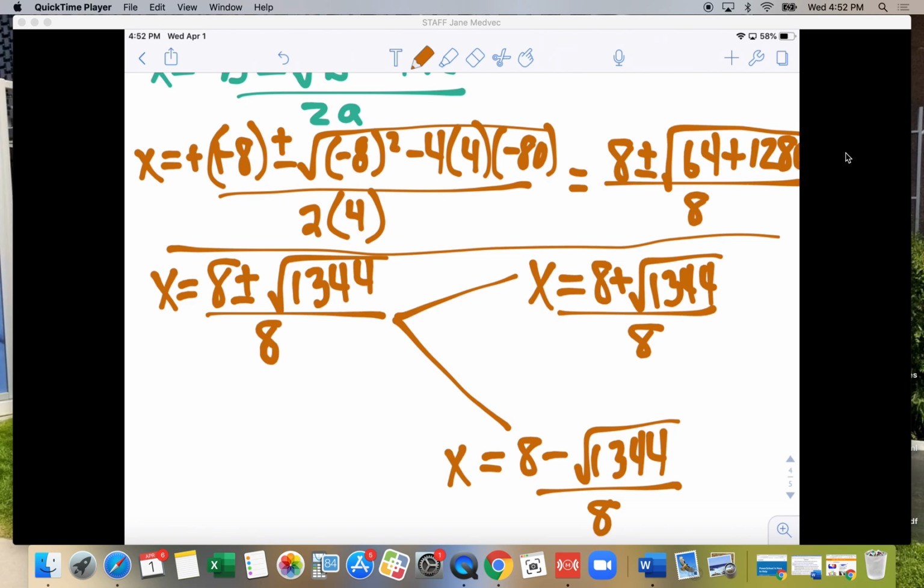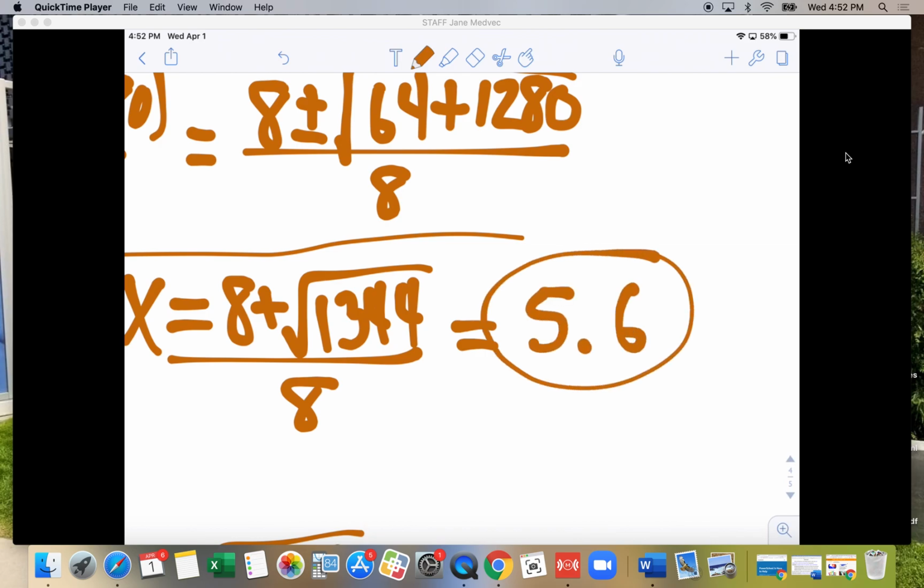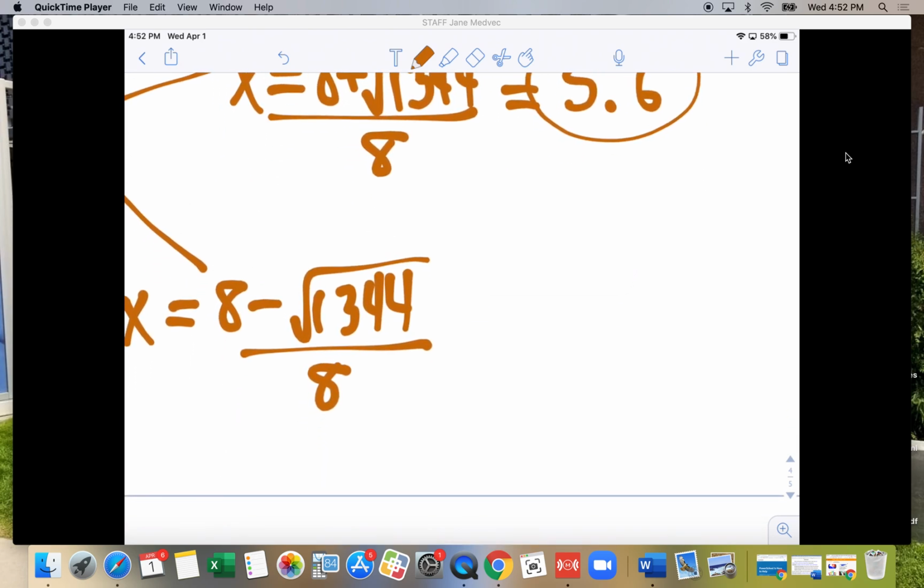And then I'm going to divide it by 8, and I'm going to do it right away because it's kind of a messy answer. So you're going to notice here that this is 5.6. And if I come down here then, I'm going to take 8 minus that, and I end up with negative 5.7.